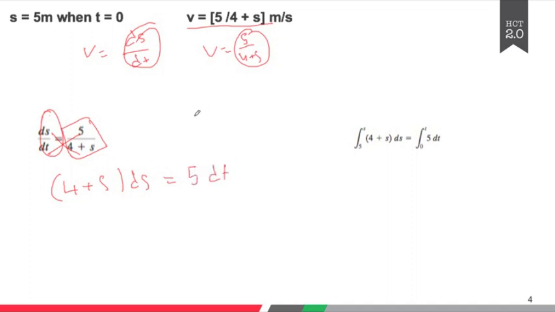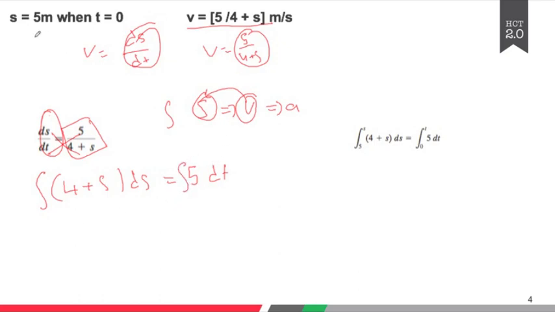And as you know, the derivative of s is equal to velocity, and the derivative of velocity is equal to acceleration. And to track back from velocity to position, we should use integrals, and we should here integrate both sides of the equation.